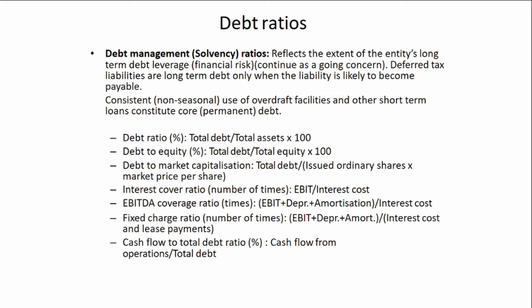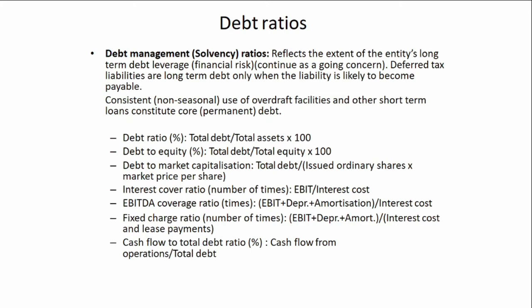So if we look at our debt ratio, this is calculated by taking our total debt divided by our total assets. The debt ratio measures the percentage of total funds provided by creditors. So the higher the debt ratio, the higher the financial risk.